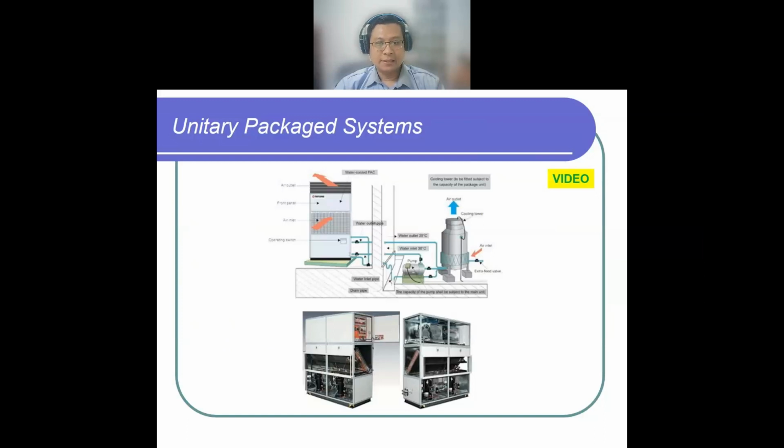They have a pump, and then serve the coil to reject the heat. Actually, in this system, the coolant absorbs the heat, and then the heat goes to the cooling tower, and they reject it to the outside.